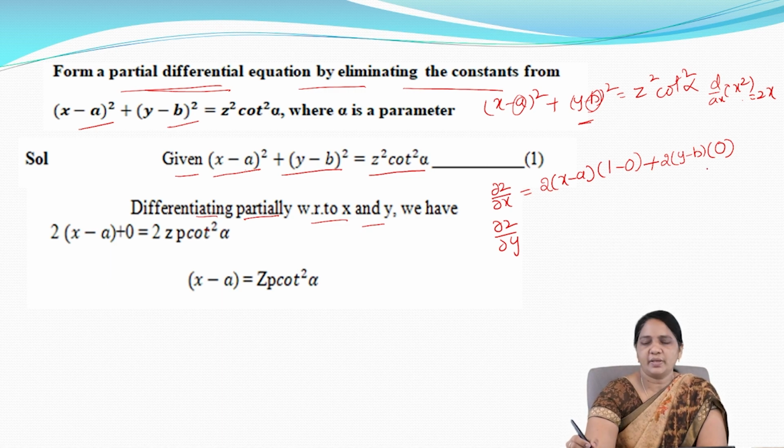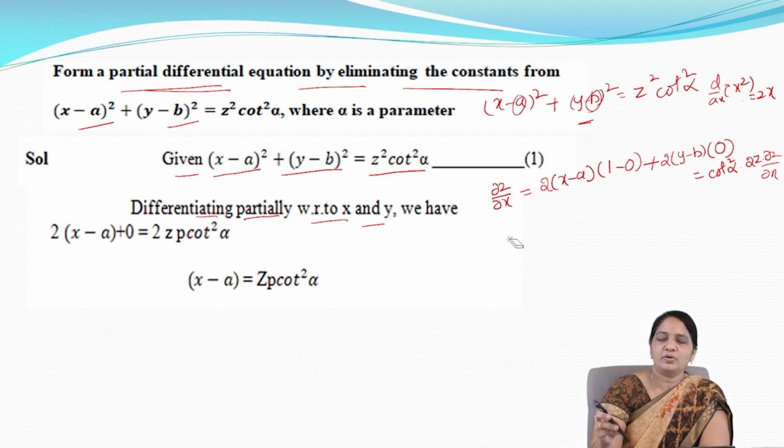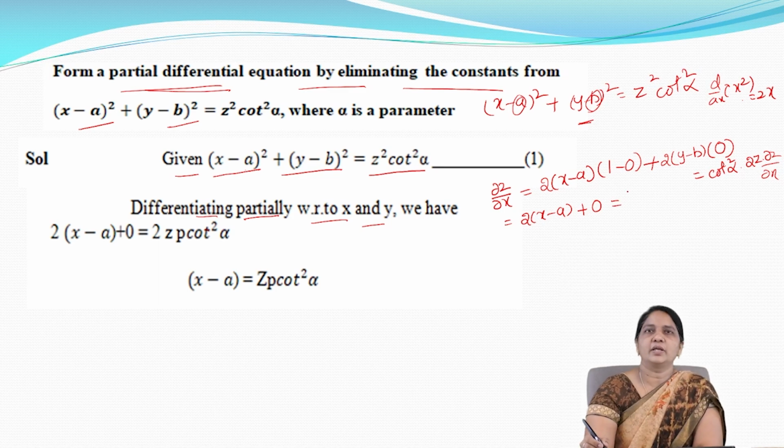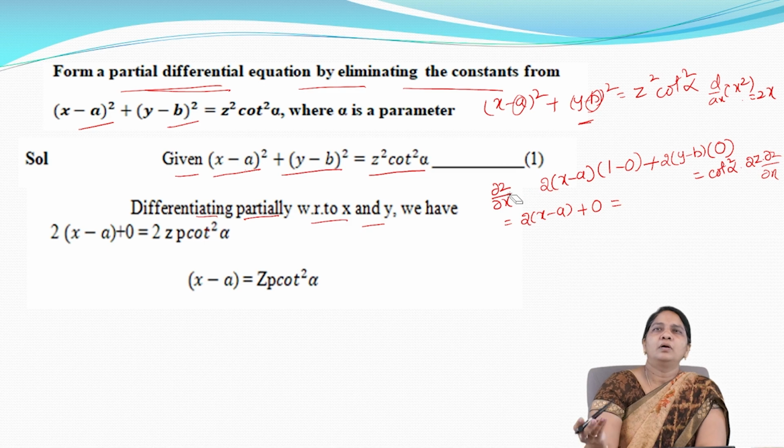Now for the RHS part, z square cot square alpha, where cot square alpha is constant. The derivative of z square is 2z, so partial differentiation gives 2z into dou z by dou x. So finally 2 into x minus a plus 0 equals cot square alpha into 2z into dou z by dou x.